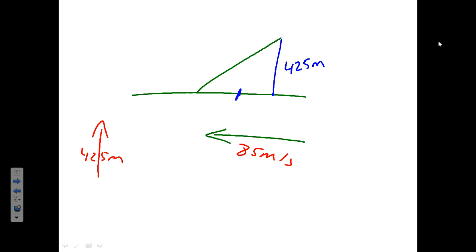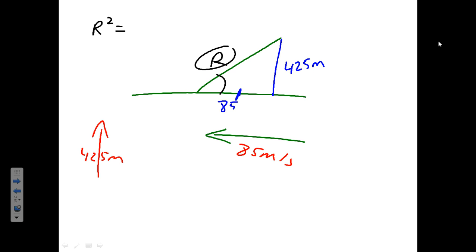The wind. So this has got to be 85. So essentially now all we've got to do, this is what we're looking for. We're looking for how fast did he have to go and what angle did he have to go at. So we need this side and we need that angle. So it's just Pythagorean theorem and tangent again.